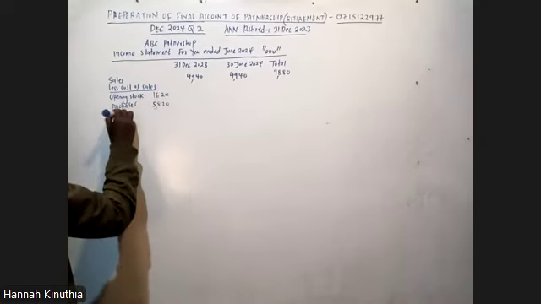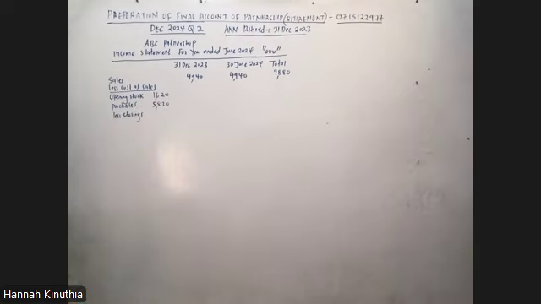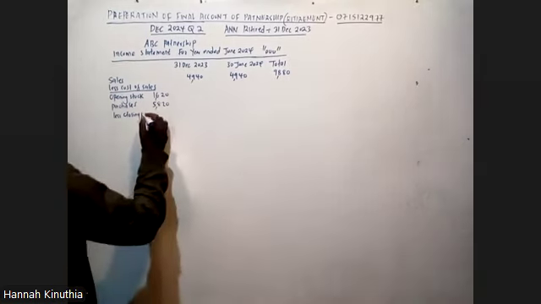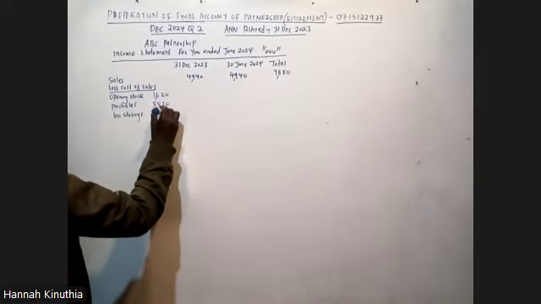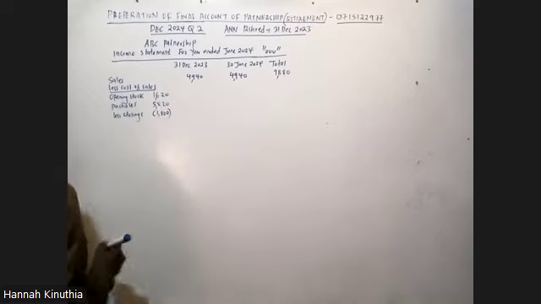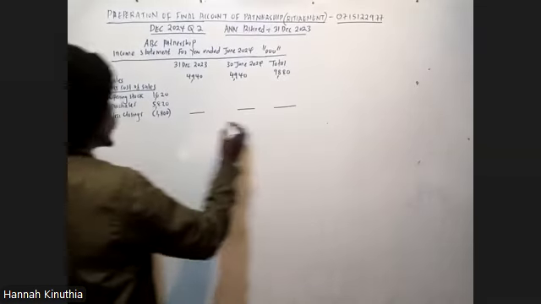Then we less closing stock. Do you have drawings? There were drawings in our additional information, but they did not tell us whether those drawings relate to goods. If they haven't told us, we ignore. So closing stock, information number 1, 1800. You're supposed to less 1800, so that we can get the cost of goods sold, so that we can get our gross profit.